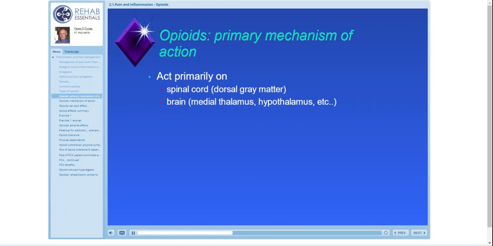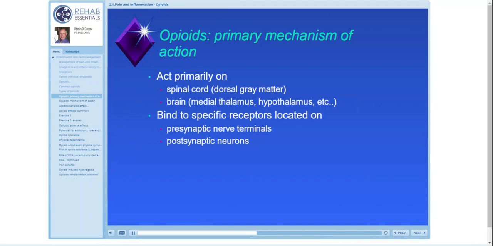And what you're seeing here is, of course, key places in the CNS where pain is transmitted from one neuron to the next. What these drugs do, their primary effect, is to bind to presynaptic terminals at key junctions in pain pathways and decrease the release of transmitter from the presynaptic terminal, at the same time binding to postsynaptic neurons in pain pathways and decreasing the excitability of the postsynaptic neuron.